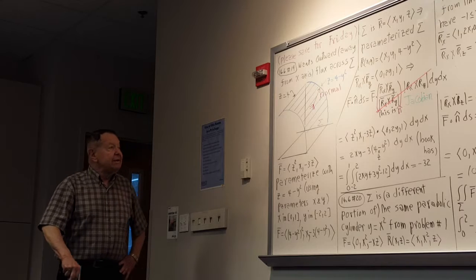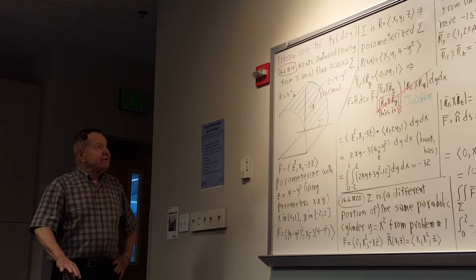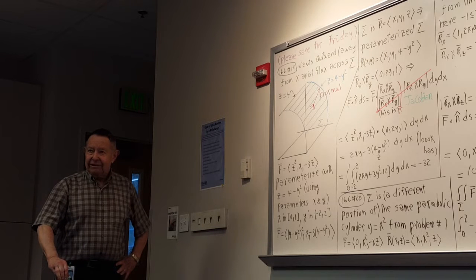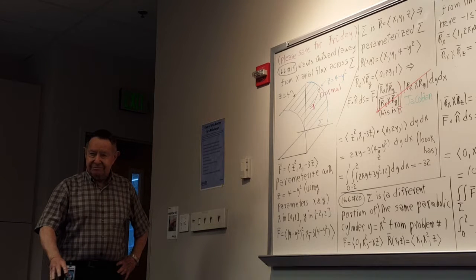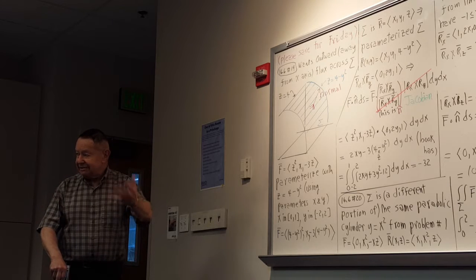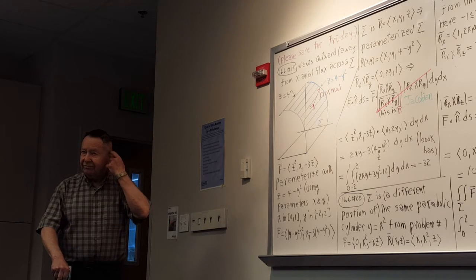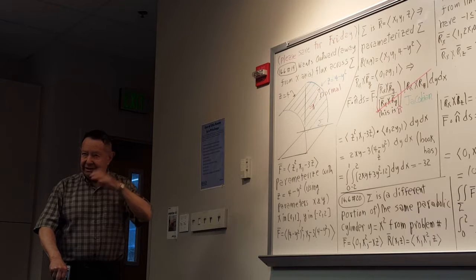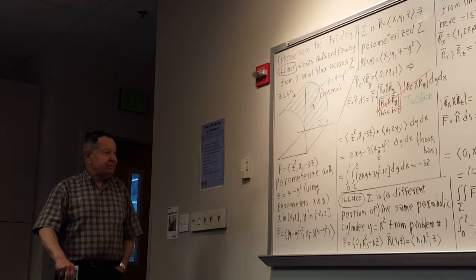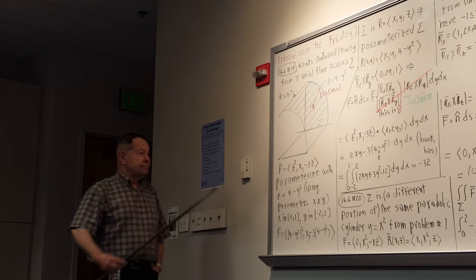If you are, then you have to get an expression for the outward pointing normal, and then the unit normal, and then do the dot product, F dot n, and that gets you a function like the scalar function in problem 1 or problem 4, and then you go on from there as a surface integral.